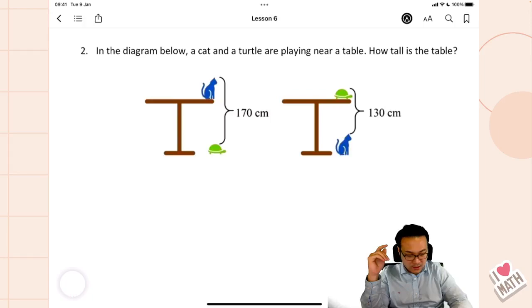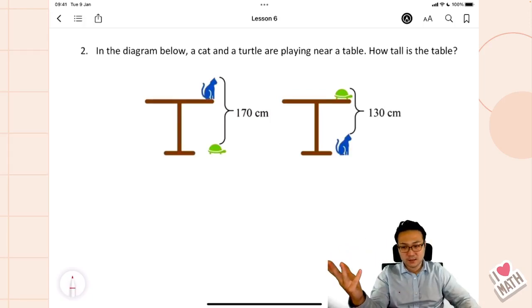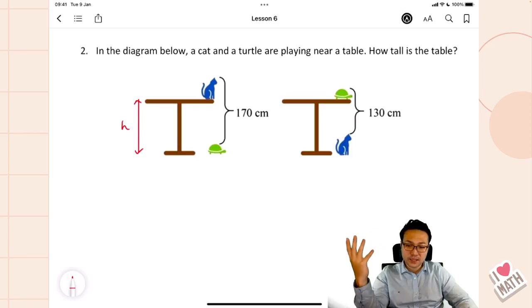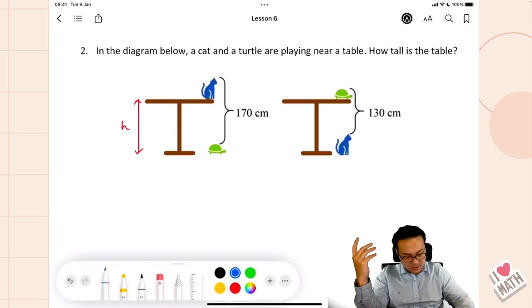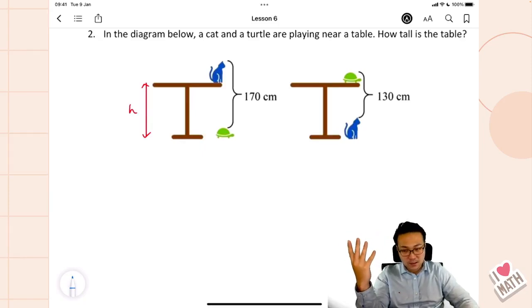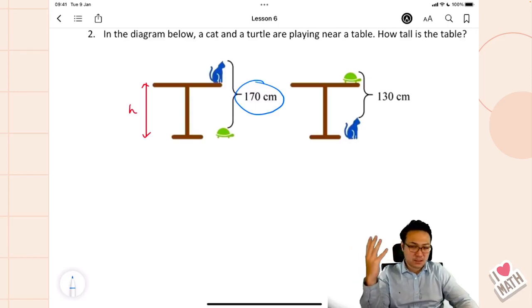You have a turtle and a cat. The turtle and the cat obviously have a different height. And what are we trying to find? We are trying to find the height of this table, right? So if you're trying to find the height of the table, it's okay. Let's take a look. What are we given? What is the information that we are given first? First, I'm going to look at this 170. What is this 170?